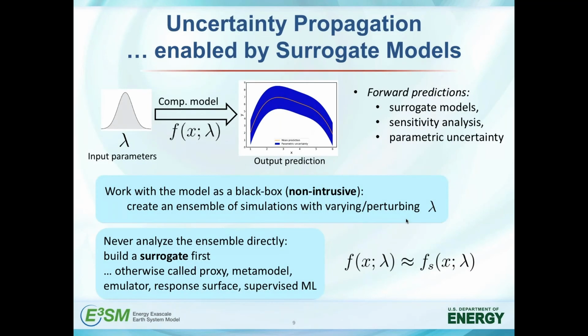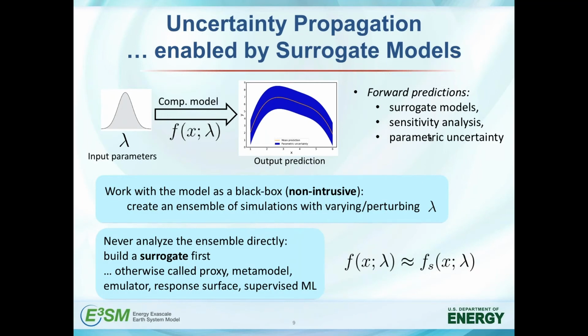So uncertainty propagation can be enabled by surrogate models, which I talked a little bit about already. Basically we take some set of full model predictions, for example, these 200 ensemble members from ELM, and we develop a response model for those ensemble members.